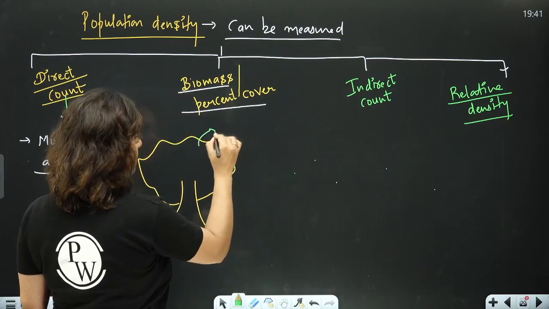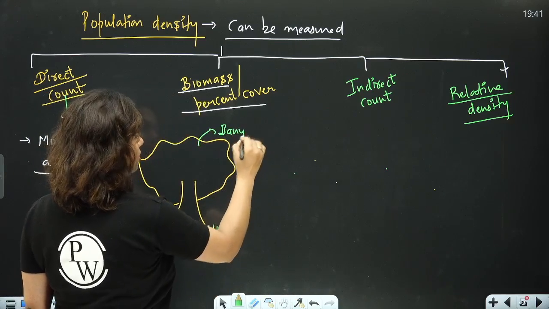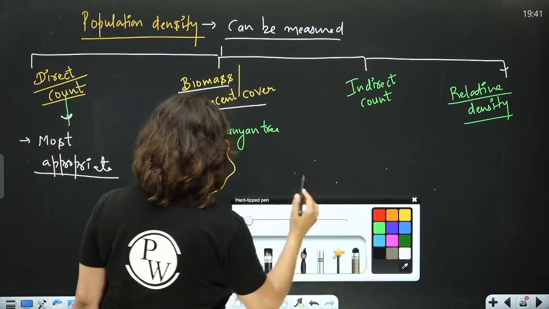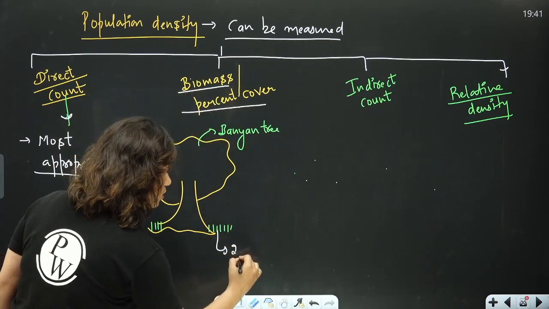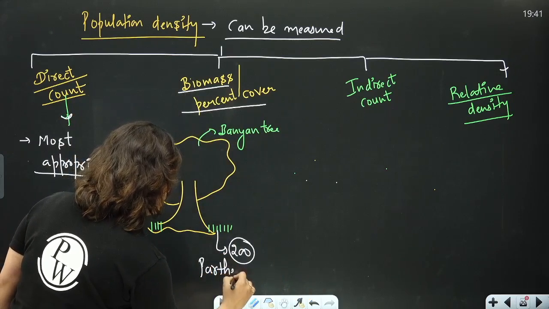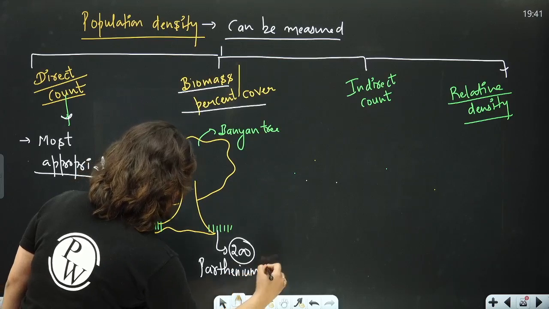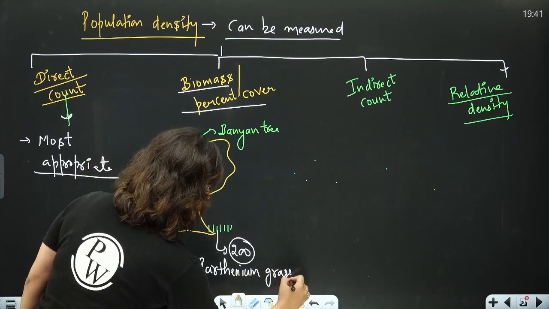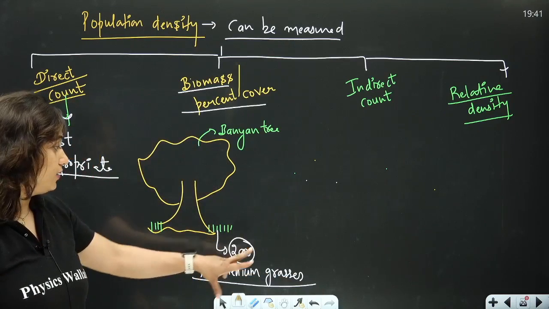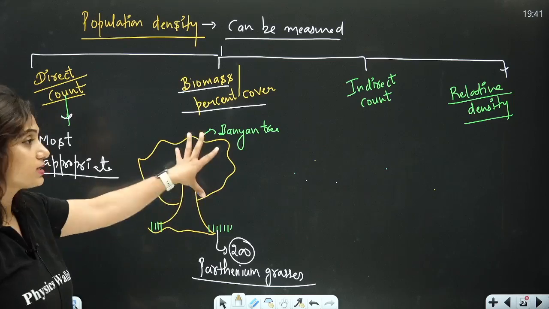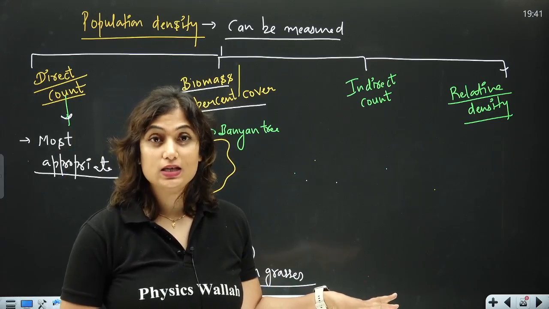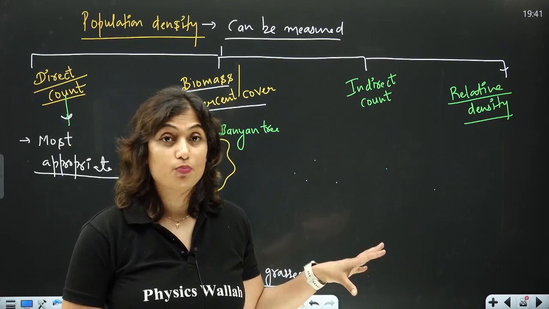This is one single banyan tree, and there are 200 Parthenium grasses growing below it in the same area. So what you will say, whose population density is more, banyan tree or Parthenium grass?